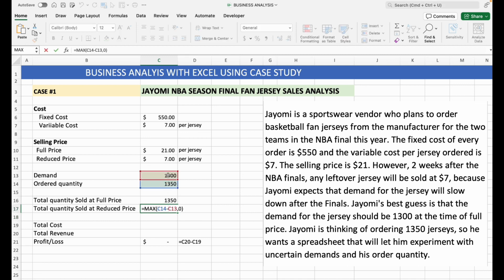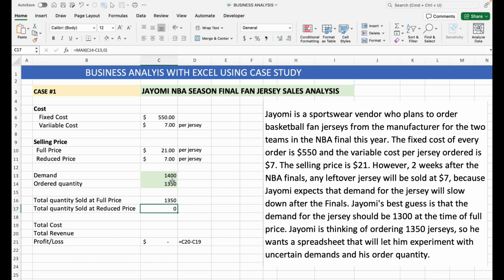If the answer is positive, then the max between that and 0 will be the positive value. But if the answer is negative, the maximum between the two quantities will be 0. So this would have solved our problem.